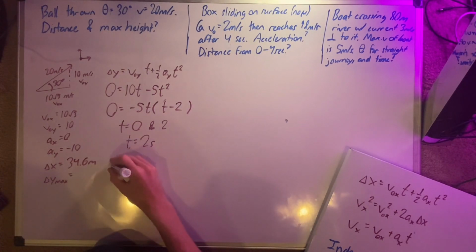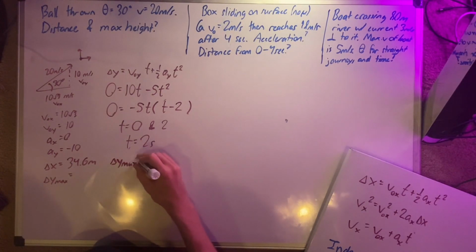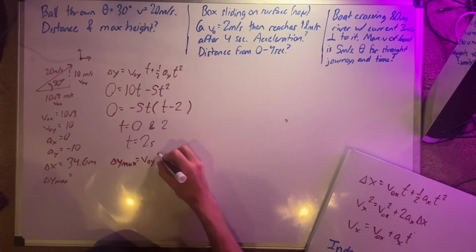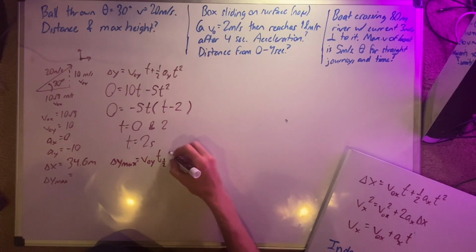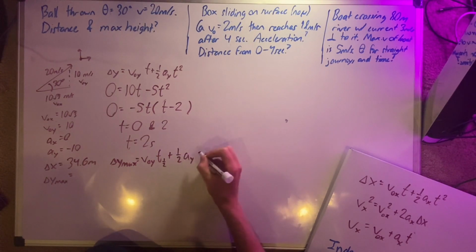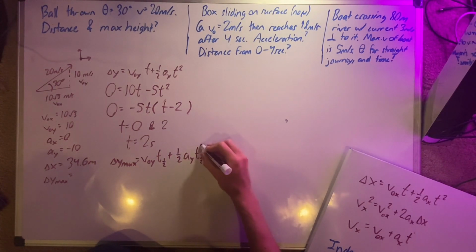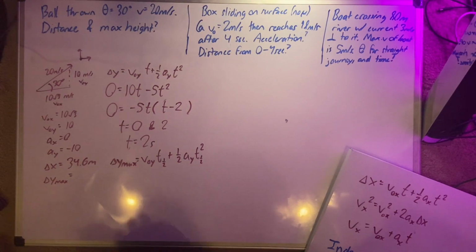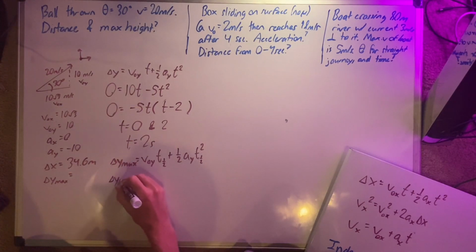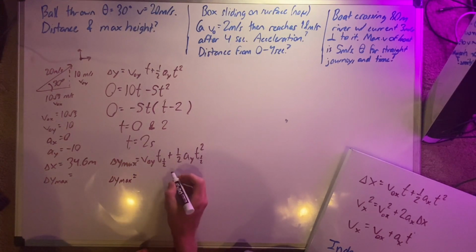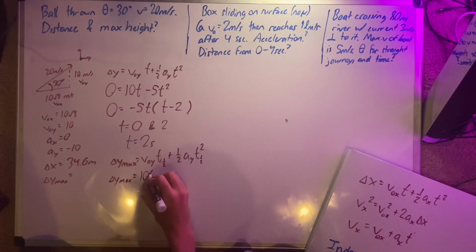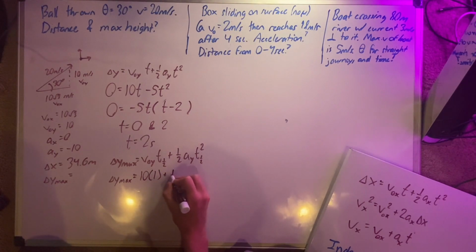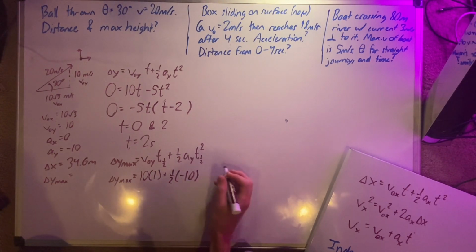So we know then that we're looking for half the time in order to get the y maximum. So we know change in y maximum is equal to v naught y times the time but halved plus 1/2 acceleration in the y times t 1/2 squared. And I put those 1/2s in subscript to denote that I'm dealing with 1/2 of the time. So change in y maximum is equal to v naught y, which is 10, times half the time, which is 1, plus 1/2 times negative 10, and then 1/2 the time, 1 squared.